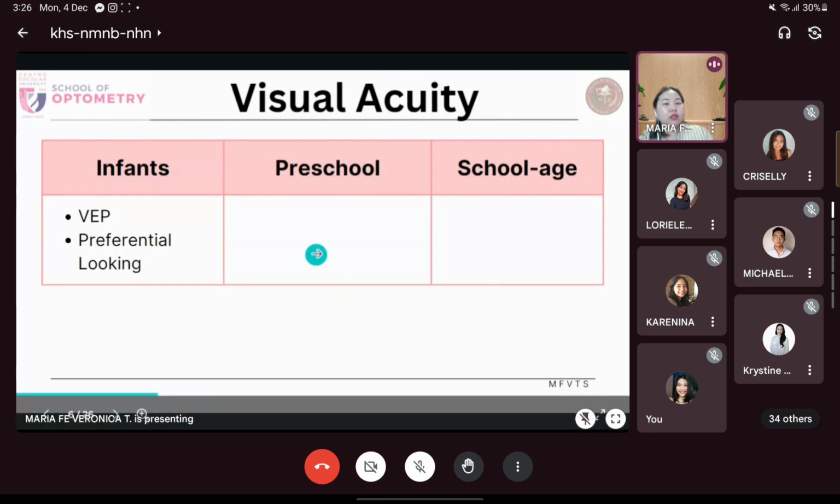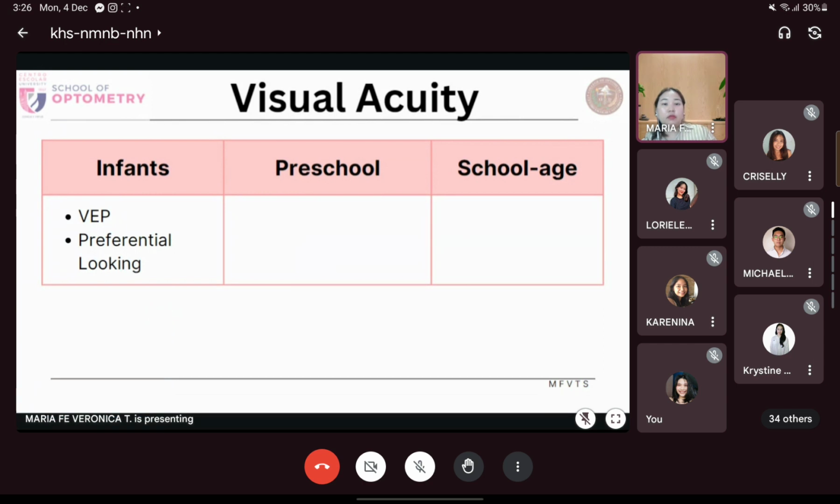So for example, we can still do the visual acuity on an infant, gaya ng any age, yun lang. Iba yung method na gagawin natin. So if you remember from our last discussion, when it comes to infants, makukuha lang natin yung VA nila using VEP or the visually evoked potential, or we can do the preferential looking tests.